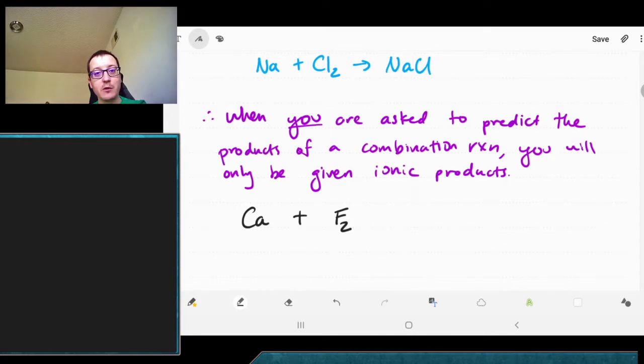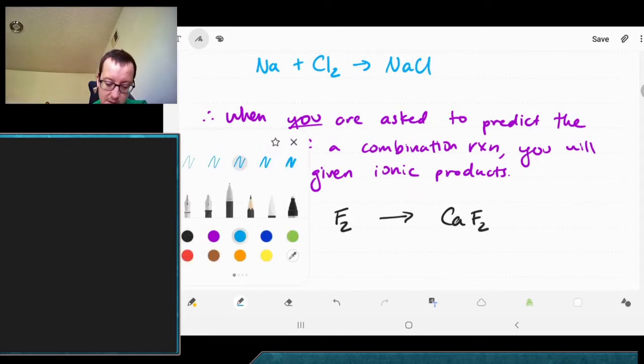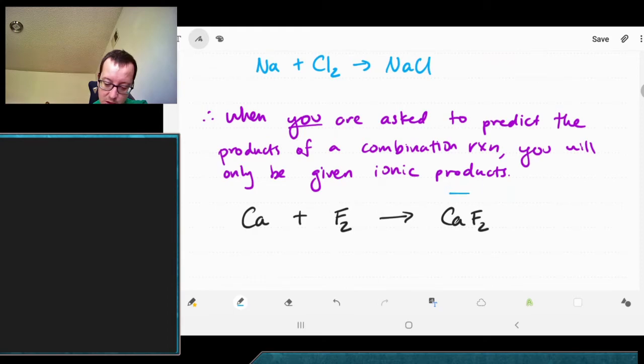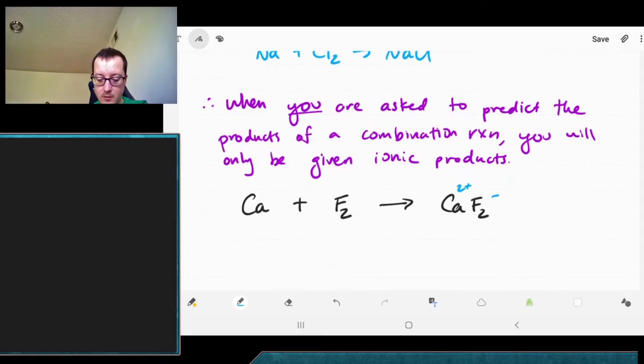So if I were to give you this, and I told you it's a combination reaction, you would presumably be able to identify the product as calcium fluoride. Remember that calcium takes a charge of 2 plus, fluorine takes a charge of 1 minus. So when we group those together, we need 2 fluorines in there to balance things out.